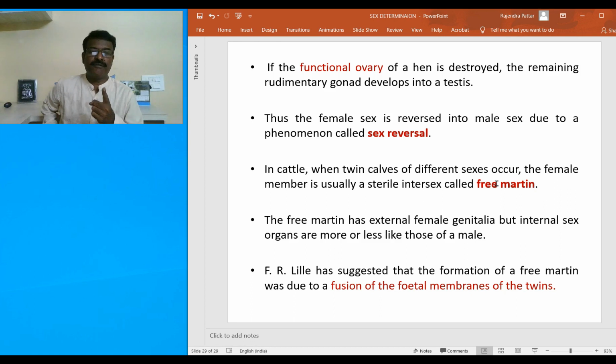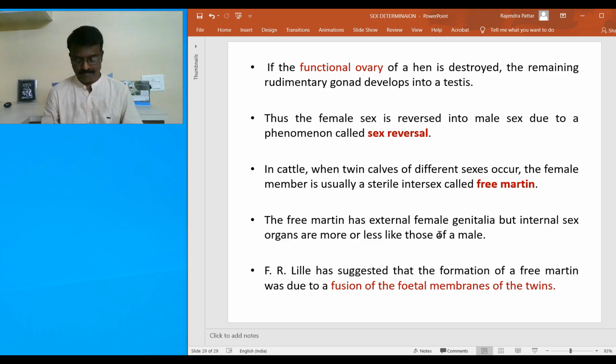What is the speciality of this freemartin? Morphologically, or externally, it shows female genitalia, but internally the freemartin female calf has a male genital system inside.